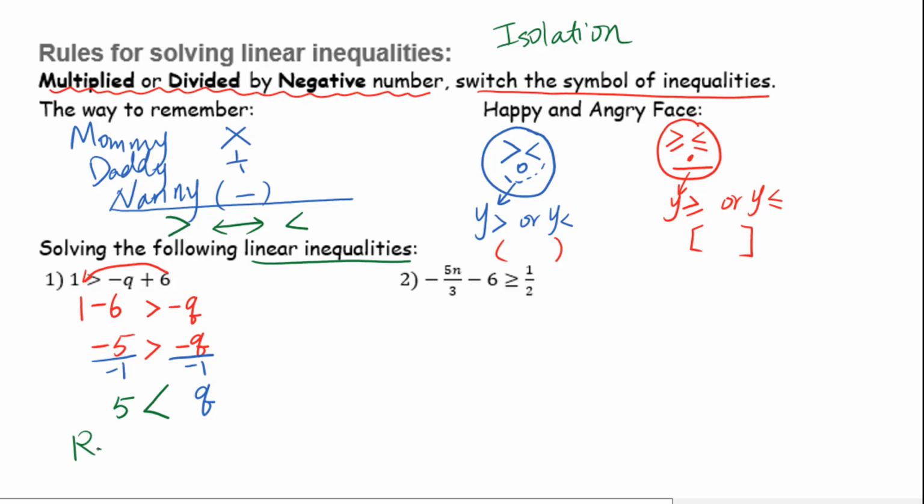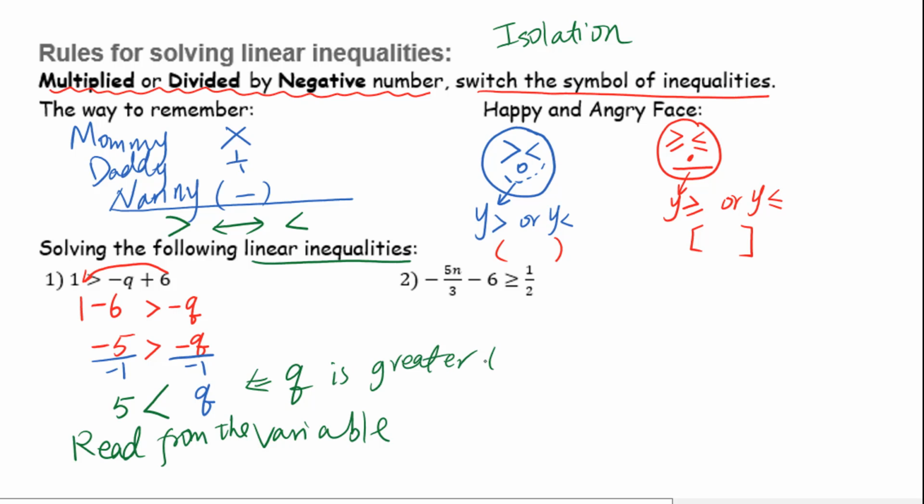Remember, when you read an inequality, you have to read from the variable. So you read this as q is greater than 5. In other words, we can write q greater than 5.